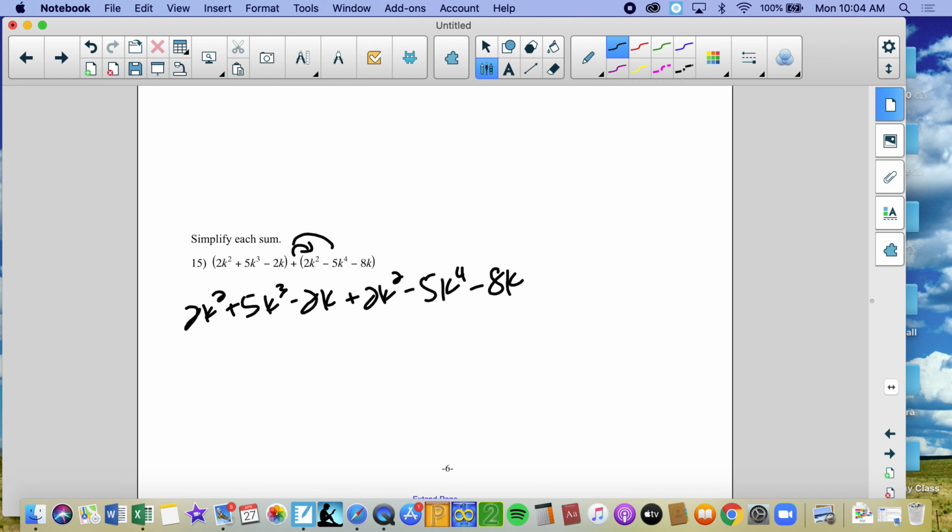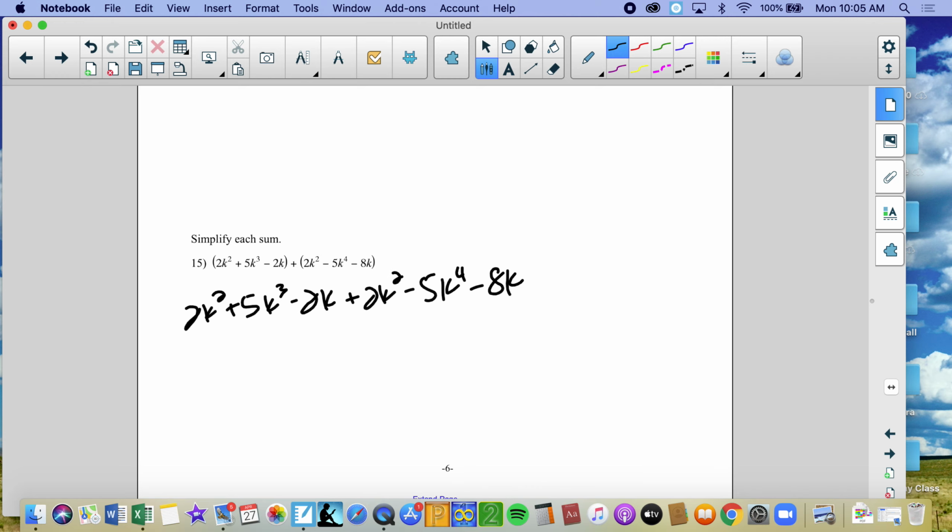Now we want to put it in descending order. Whenever we put it in standard form, it is alphabetical order first, and then if they have the same variable, we're going to look at their exponents. We're going to put it in order of their exponents.